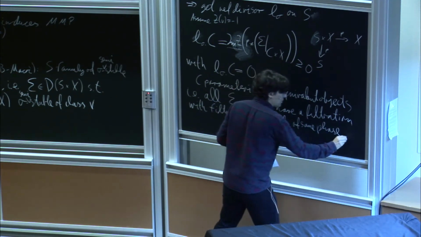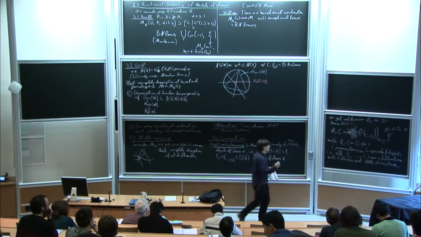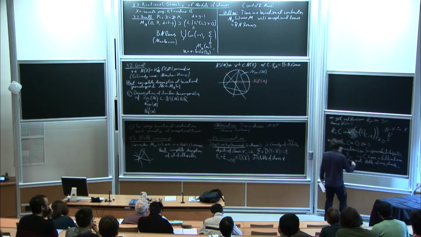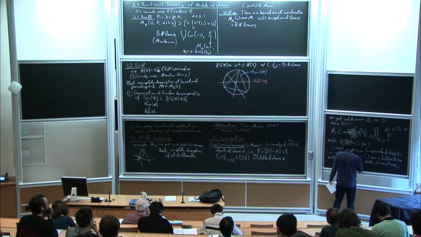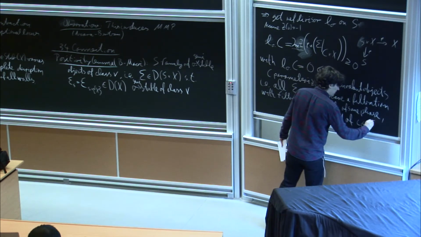And so this is just the Jordan-Hölder filtration, so far I haven't said anything. And the point is that the filtration quotients are independent of C in C.